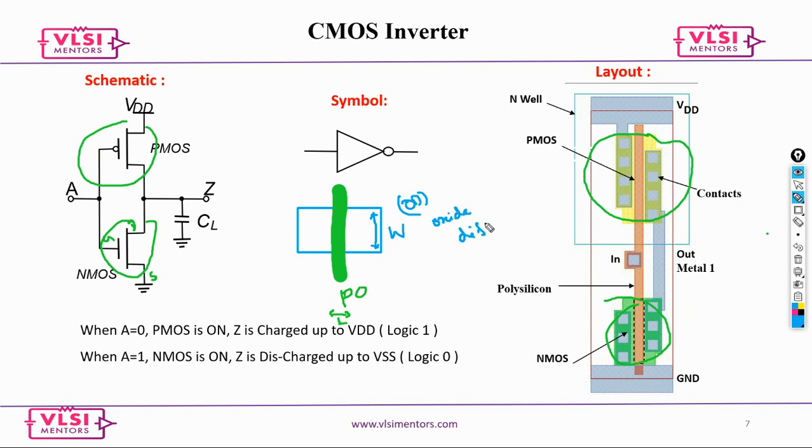So for any transistor that you may see in a schematic, in the layout you will see your OD, and on top of it poly, and only then is the transistor formed. You may have an OD, but without poly, there is no transistor. These two shapes are exactly what form a transistor on the chip.